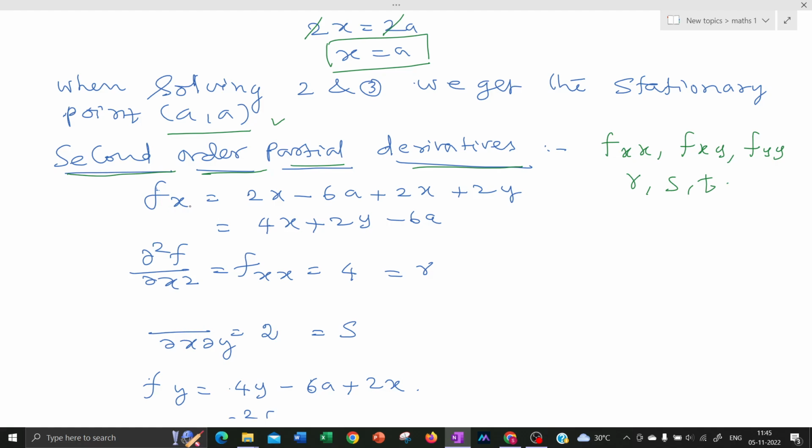So what is fx? 2x minus 6a plus 2x plus 2y. Adding 2x and 2x, 4x minus 6a plus 2y. Differentiating with respect to x again, we get only 4. The remaining things are 0. That is the r value.